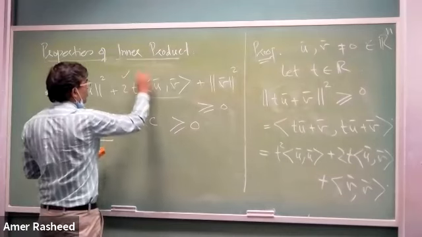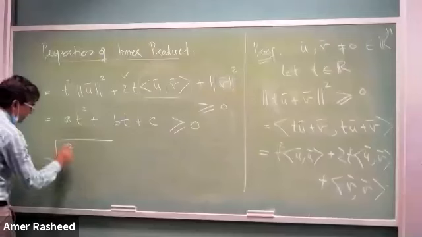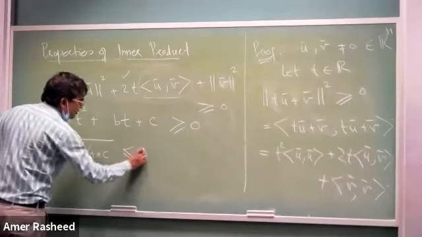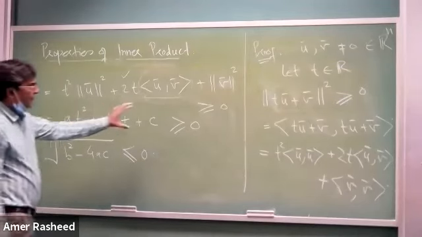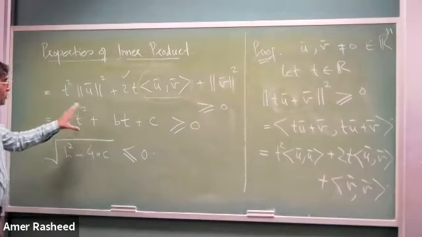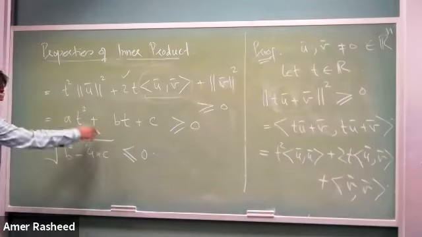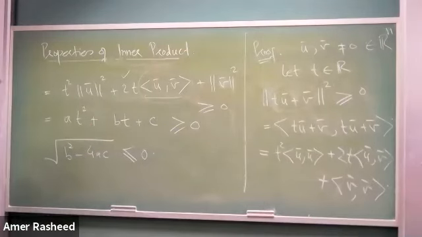This whole thing 2 and this thing is को b कह दिया. So it is like b square minus 4ac must be less than or equal to 0. अगर इसके either it has real roots, zero root or the complex root, तो फिर क्या होगा? b square minus 4ac must be less than or equal to 0.